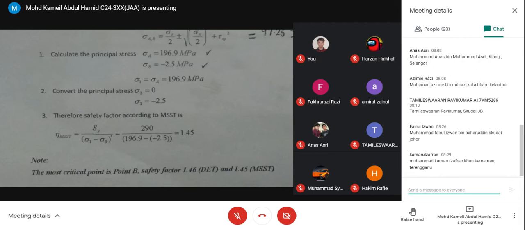At point A you have 2.8 in both methods. For point B you have 1.45 and 1.46.